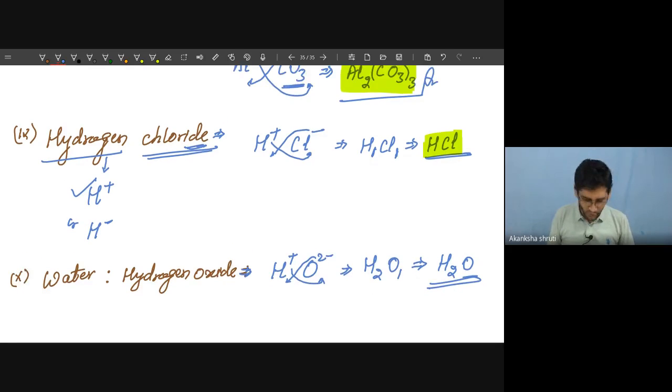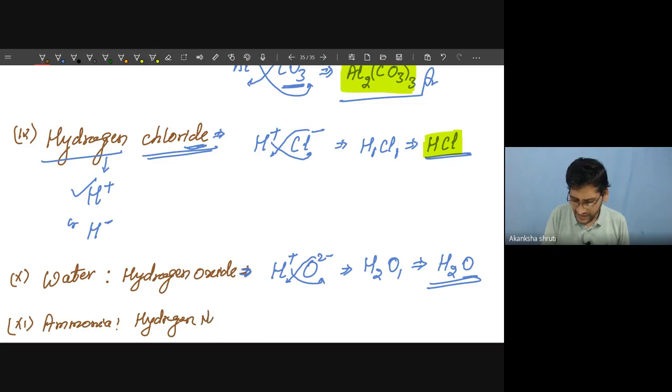If we consider the ammonia, ammonia is hydrogen nitride. So write that one also. Ammonia is the common name. It is basically hydrogen nitride, like this. Though there is covalent bond in these two, more detail we will learn. But for your understanding, how is this?